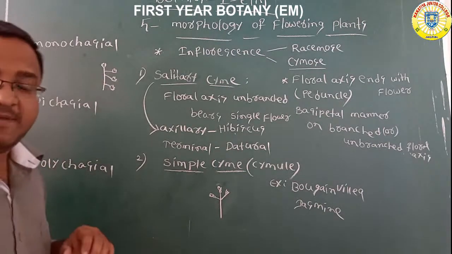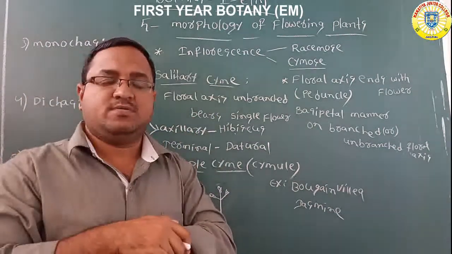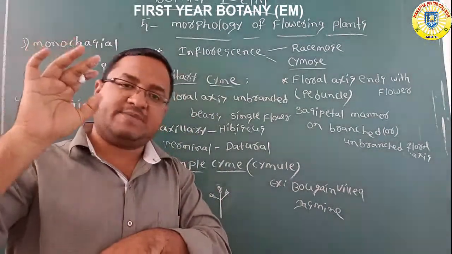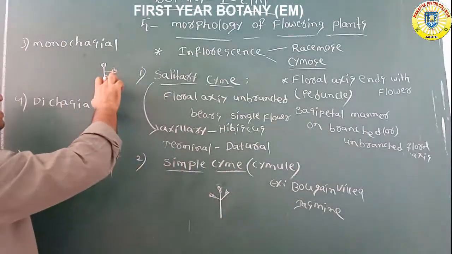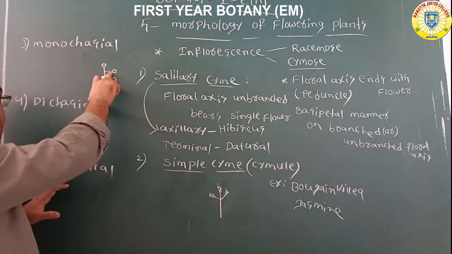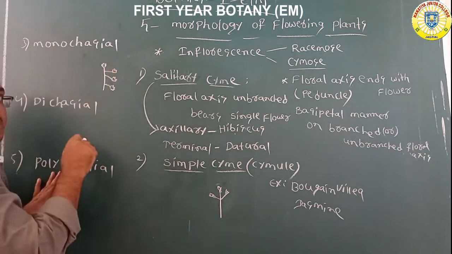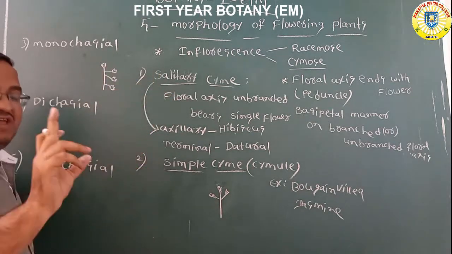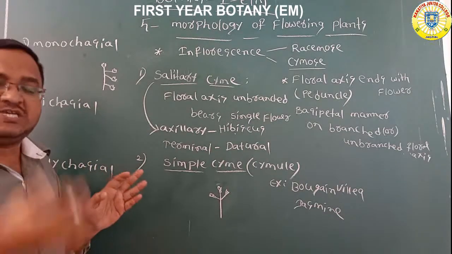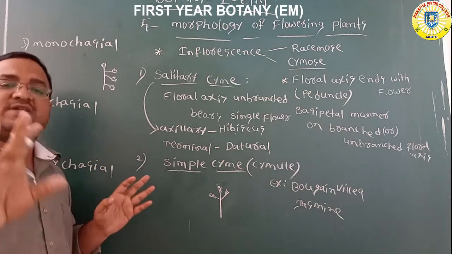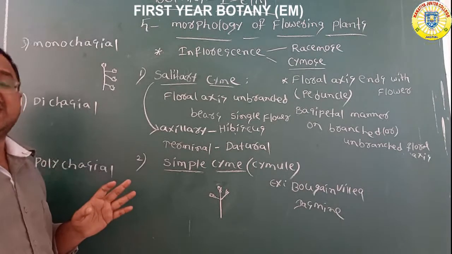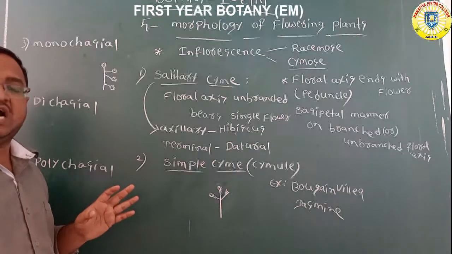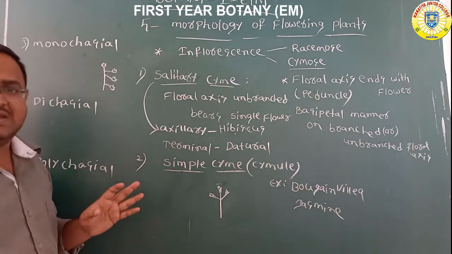Every time only one branch will develop. Each branch ends with a single flower. So that type of inflorescence is called monochasial inflorescence.